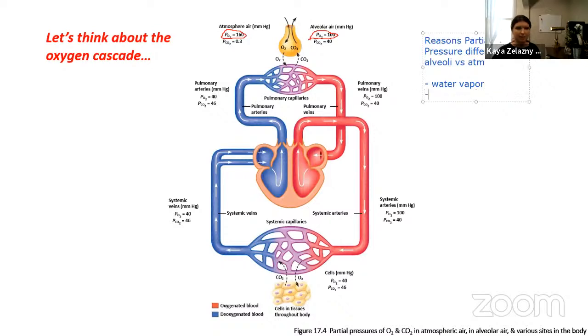We also have the fact that we're mixing with dead air, when we talked about our alveolar ventilation. When we breathe out, we know not all the air gets out of our lungs. So we have this mixing between the atmospheric air and the alveolar air. So we have mixing with dead air.